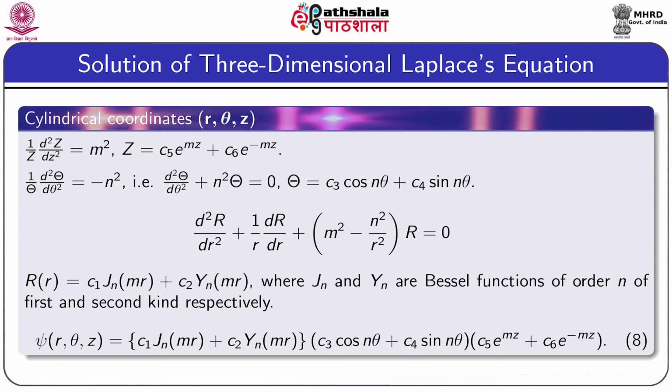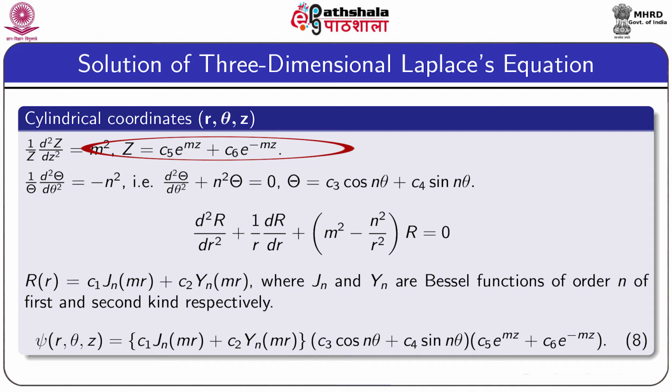Therefore, from the general solution, we can write the solution for this particular problem as psi = C1 J0(mr) into (C5 e^(mz) + C6 e^(-mz)).